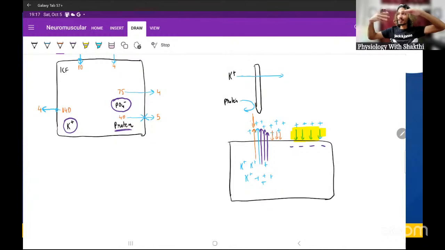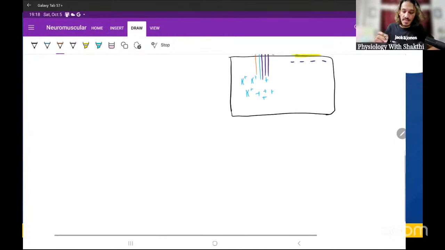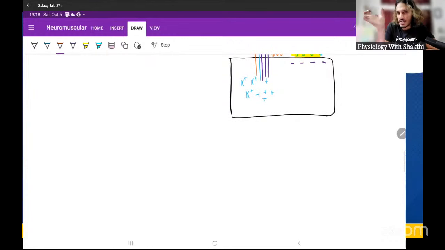At one point, the membrane potential will develop so much that it will oppose the gradient, even though a concentration gradient is still existing, but there is no net flow. Okay, so this is a very important concept in understanding the action potential. This particular potential at which there is no net movement of ions is what is called the equilibrium potential.